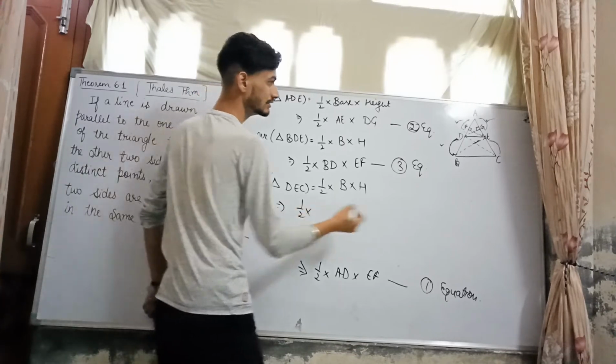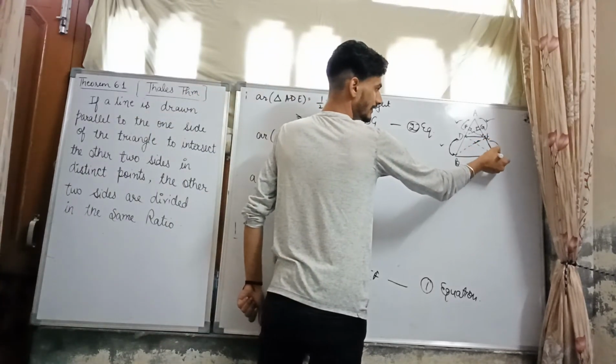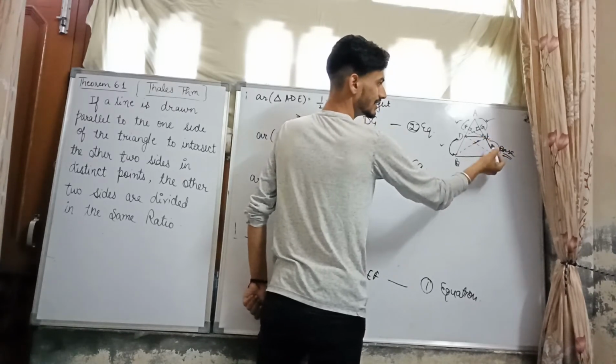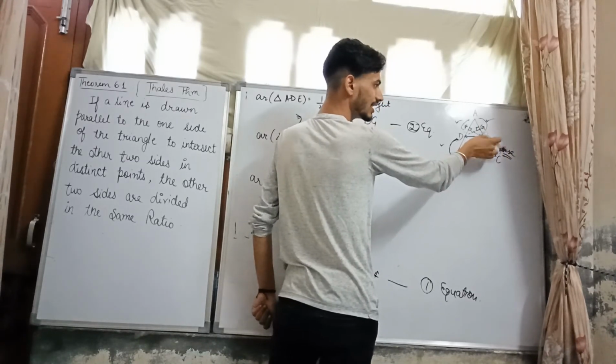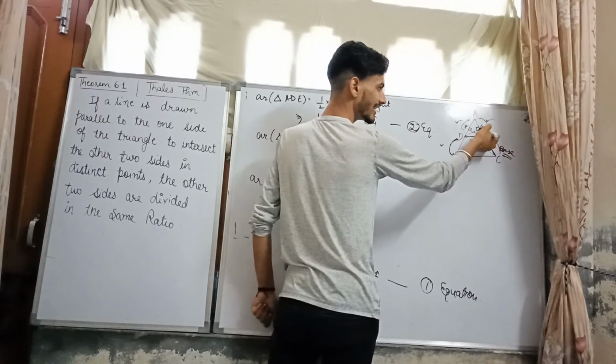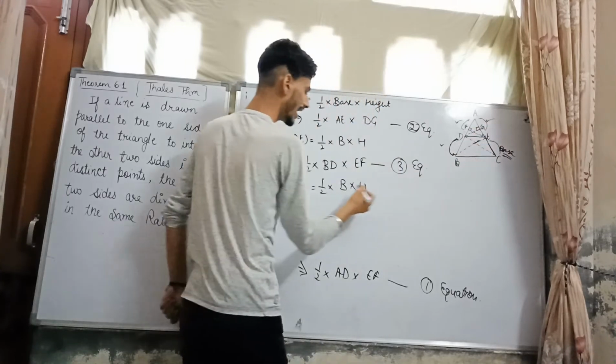Here EC is the base, and this is also a case of an obtuse triangle, so the base line would be extended and DG would be its height.